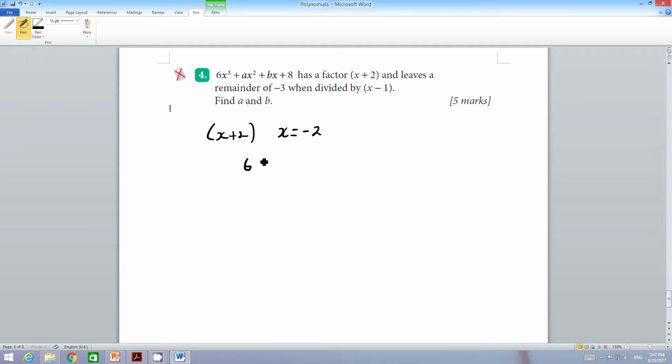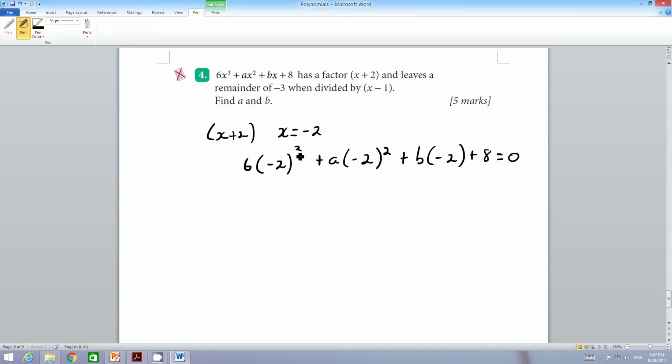So let's go and do that. 6 multiplied with negative 2 cubed. Remember, I plug in the negative 2 in the place of x, plus a multiplied with negative 2 squared, plus b multiplied with negative 2, plus 8. And we know that since this is a factor, if I plug in the factor negative 2, then this should equal 0.